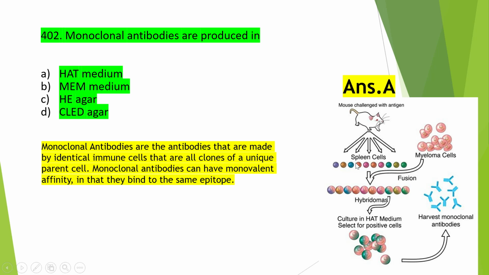These hybridomas are cultured in HAT medium to select for positive cells, and then we harvest the monoclonal antibodies. So this is the procedure of producing monoclonal antibodies.